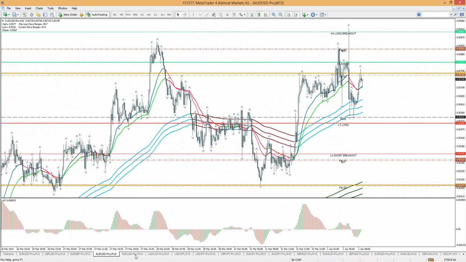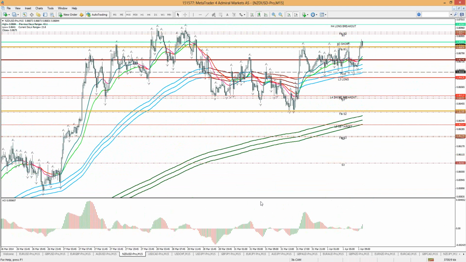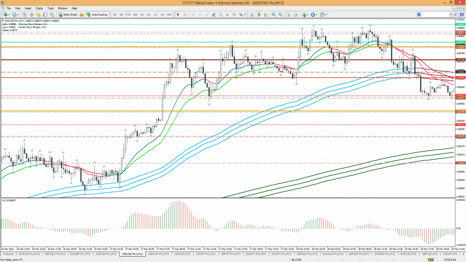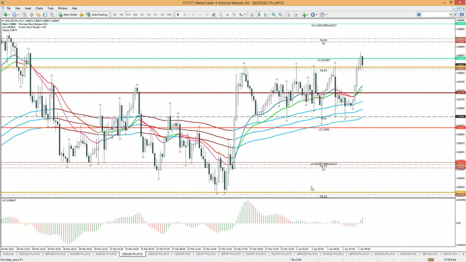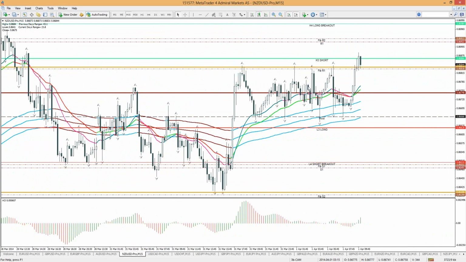Kiwi. Now, I know there are a lot of lines here, so bear with me, but Kiwi did break yesterday's high, after a lot of consolidation, bouncing off the pivot and the resistance.